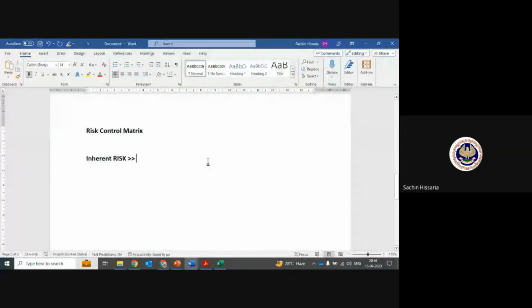Yes, the risk which is there without applying any control is called the inherent risk. Without applying the control, I would say that it is like a gross risk for the organization.